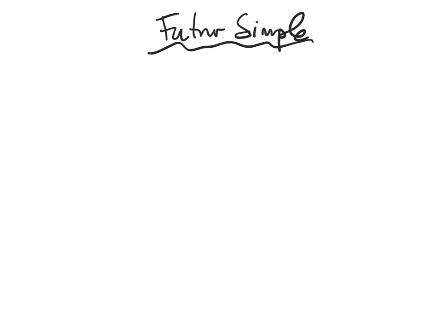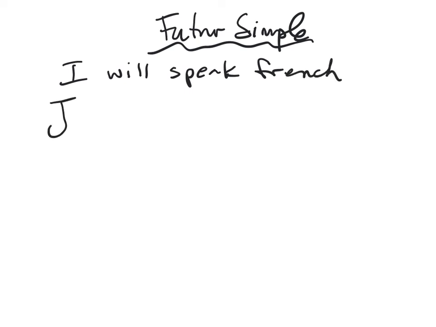All right, let's keep going: future simple. So the future simple, I will speak French. So I'm going to write the je down. How do you do your future simple?